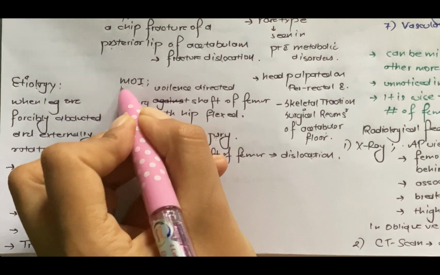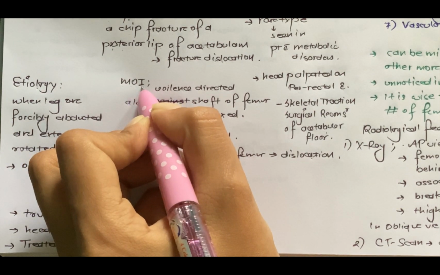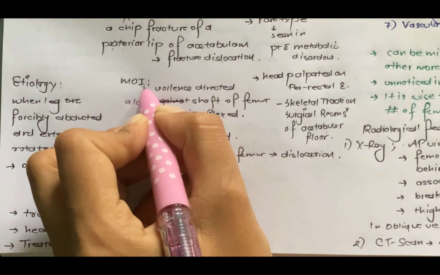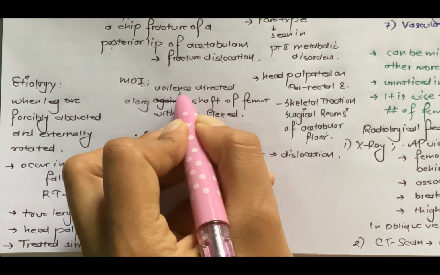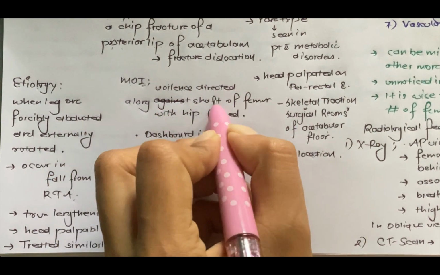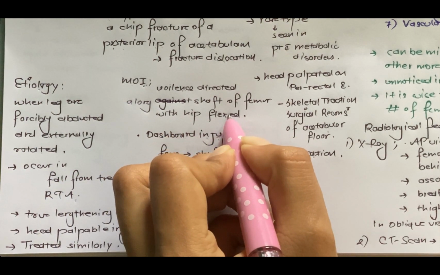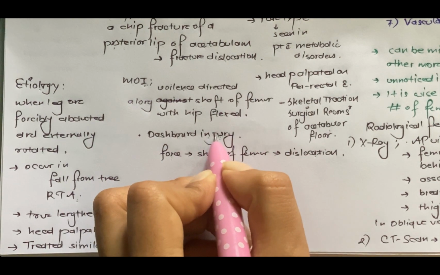Let's talk about the mechanism of injury of posterior hip dislocation, as it is the most common one. The injury is sustained by violence directed along the shaft of femur with hip flexed, and it is most commonly seen in motor accidents, and the typical injury is also known as dashboard injury.